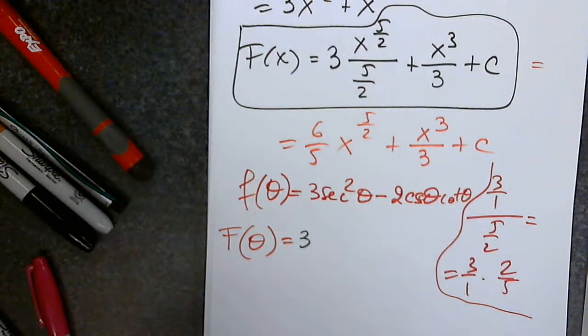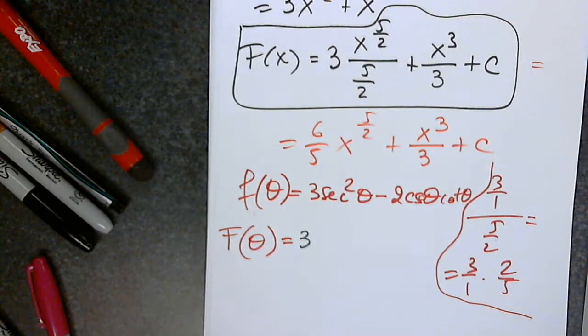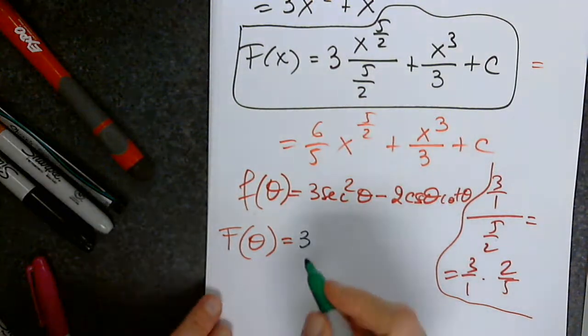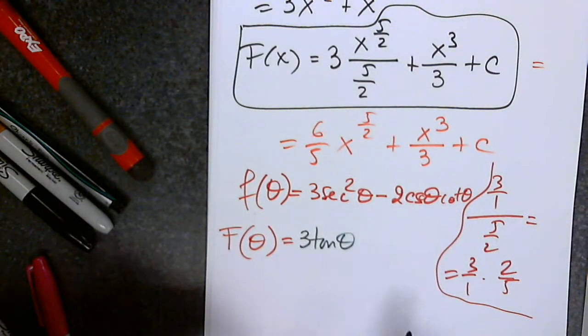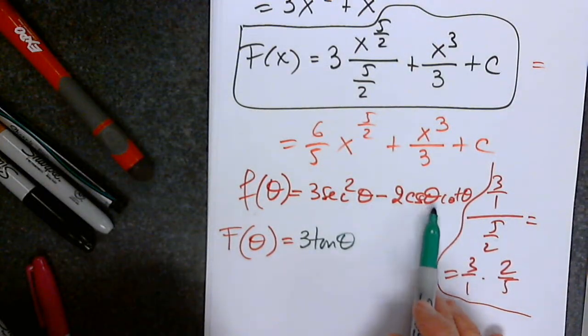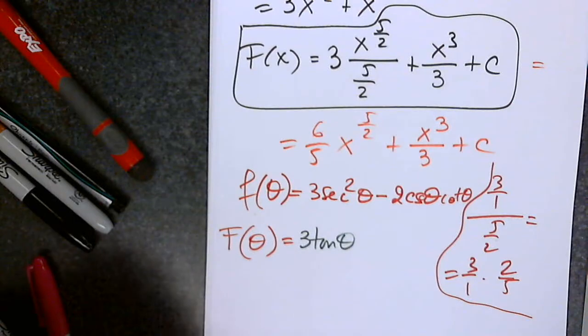3. Which function prime is secant squared? Very good. And then I have negative cosecant cotangent. Which function prime is negative cosecant cotangent?